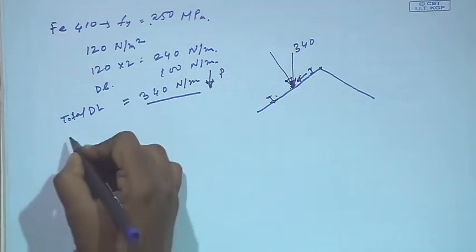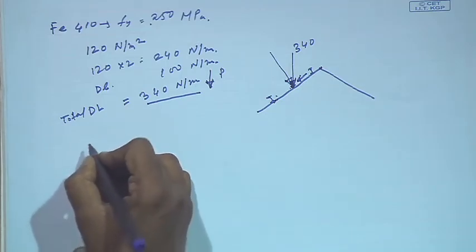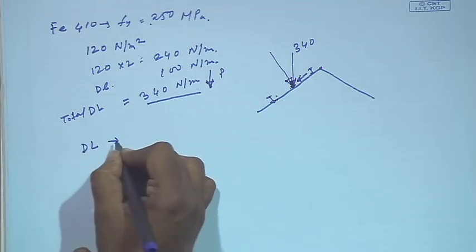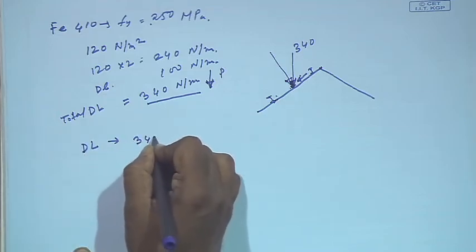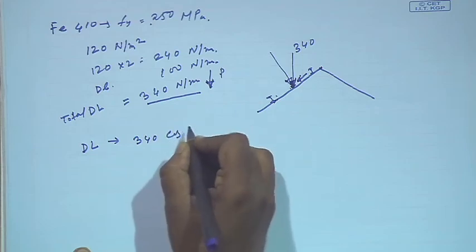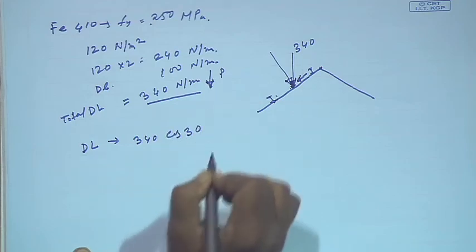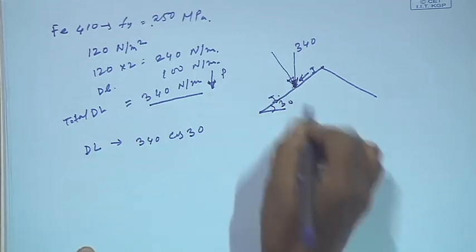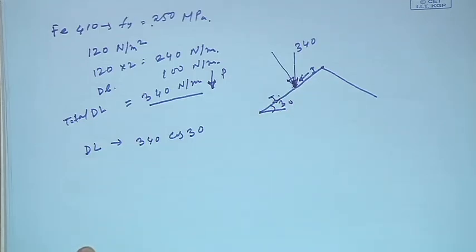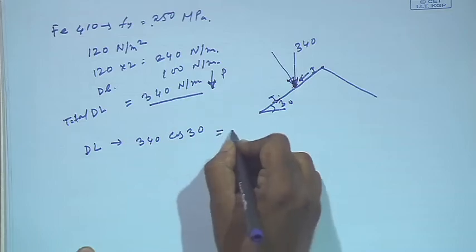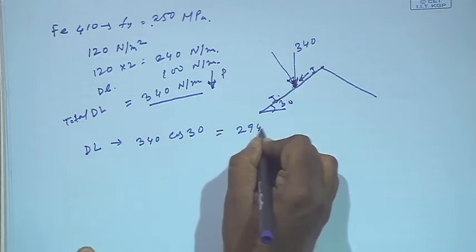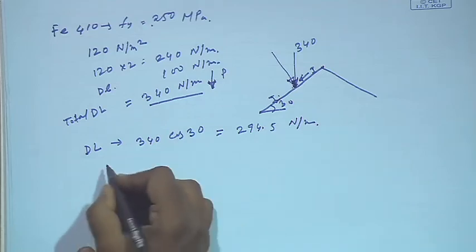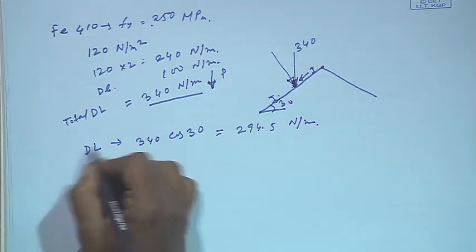The dead load perpendicular to the roof will be 340 cos theta, because the slope is 30 degree. So, this will become 294.5 Newton per meter.